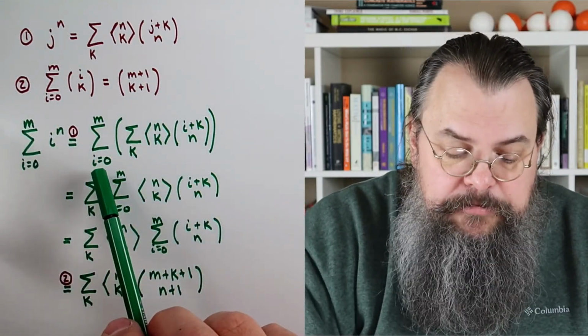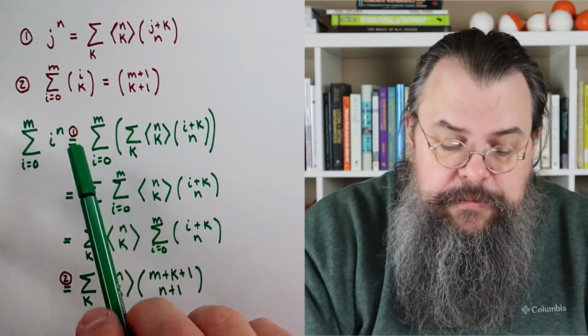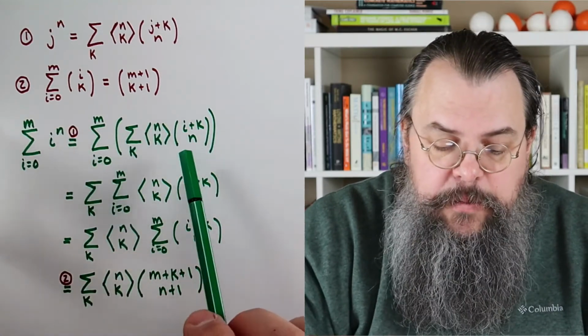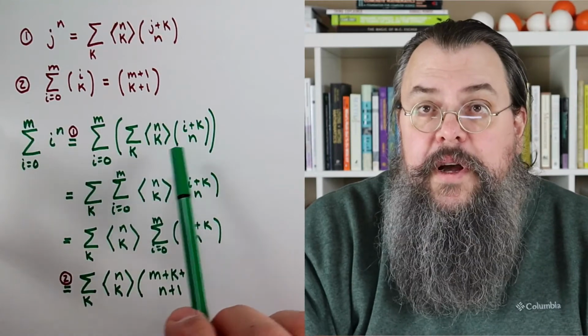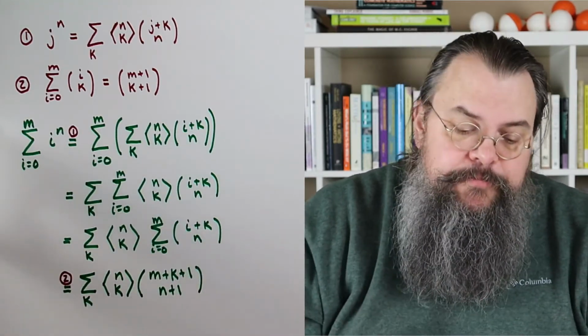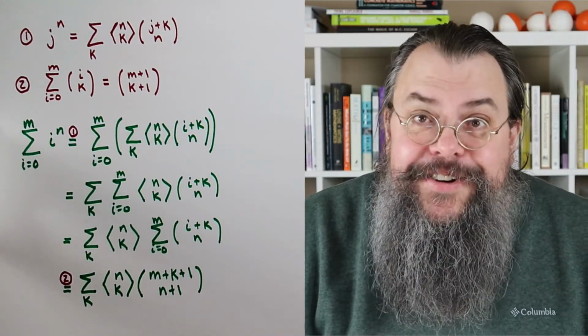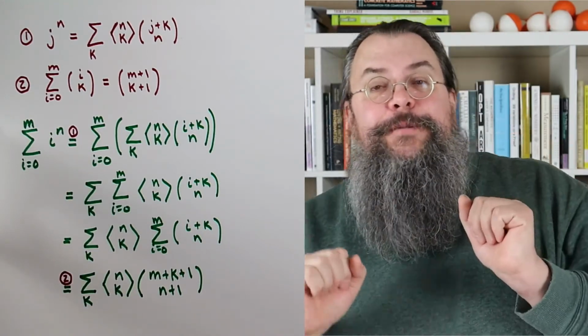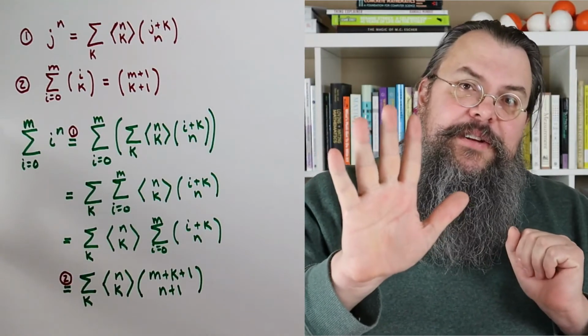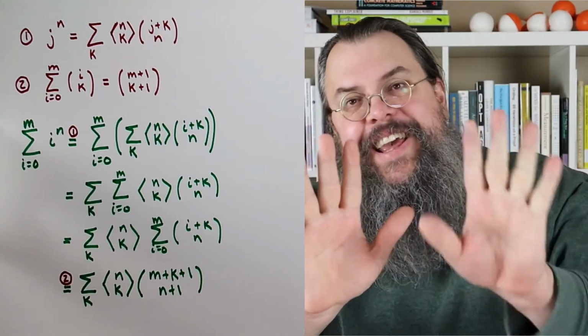So it's our sum, I equals 0 to m, and then we have this expression where I've just replaced j by I. Okay, great. Now, a side note here. We have two sums. We have this sum with I, and we have this sum with k.